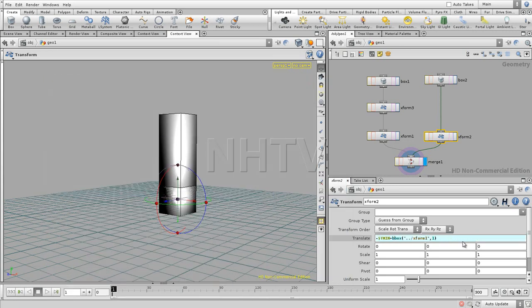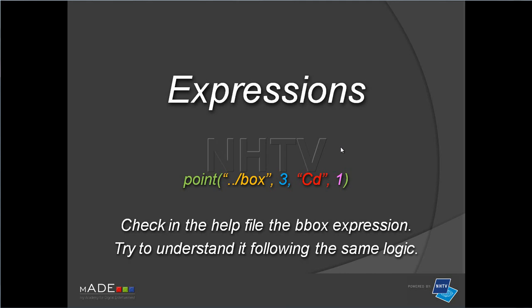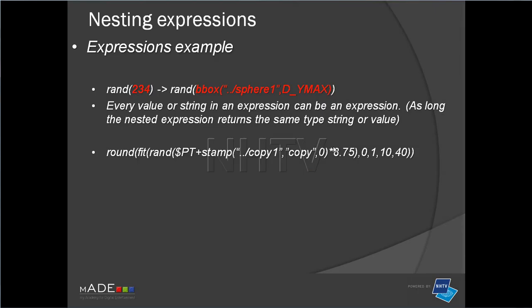So let's try that, and let's prove immediately that this works. And as you can see, this just works perfectly. So this is exactly the same as dy_y max. Okay, so I hope this clears things up quite a bit.